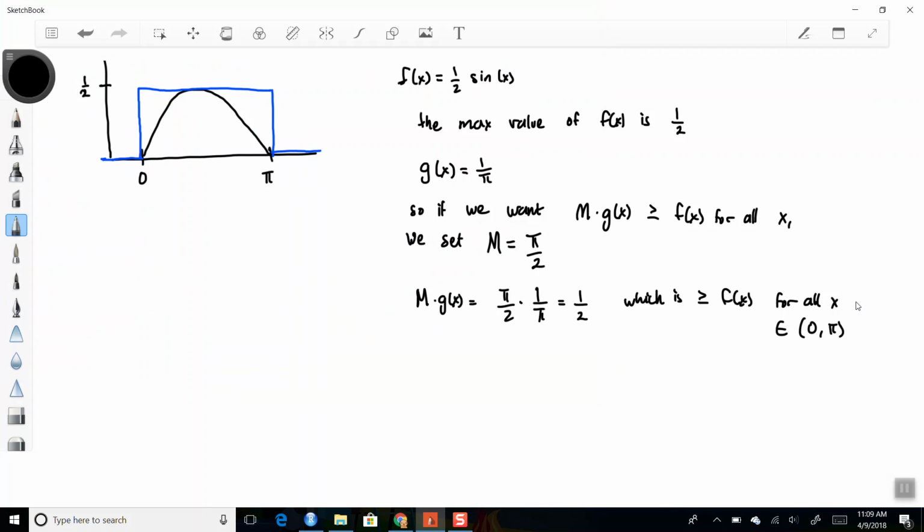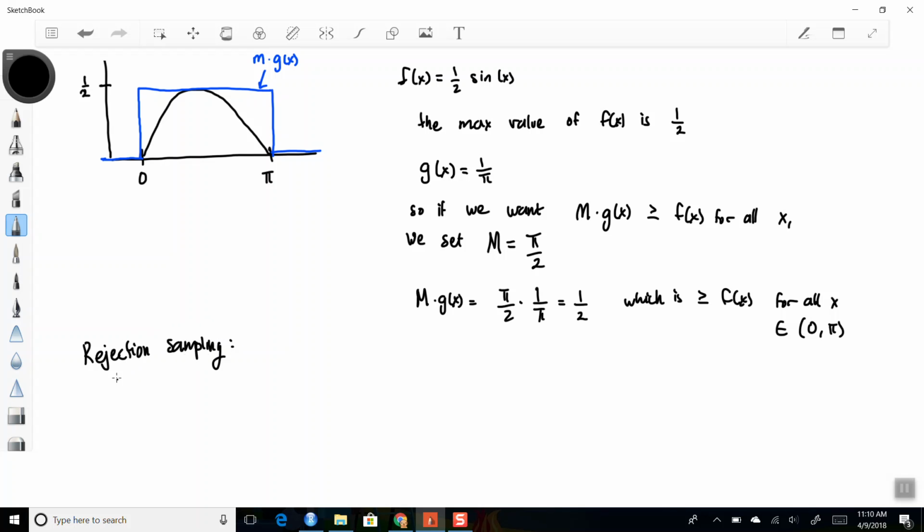Okay, so the blue line is going to be m times g of x, which is effectively 1/2. And so rejection sampling works like this.